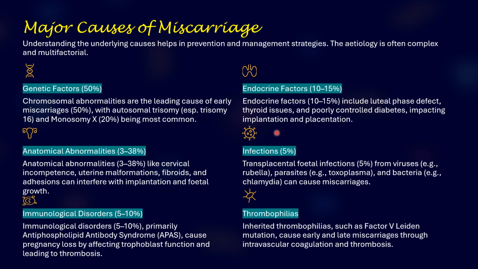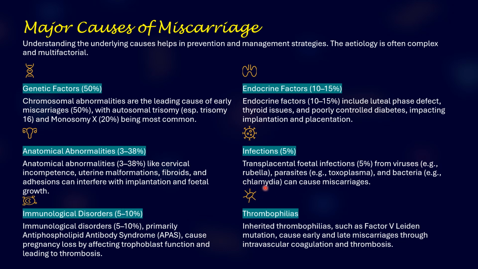Number five, the cause can also be because of infection. Placental fetal infection is 5%. It is from viruses, parasites and bacteria: viruses such as rubella, parasites such as toxoplasma, and bacteria such as chlamydia.